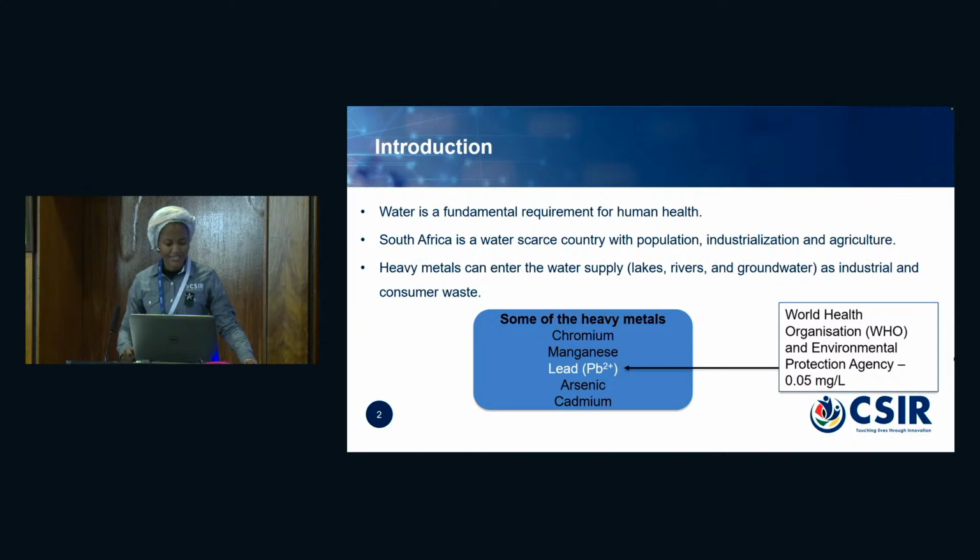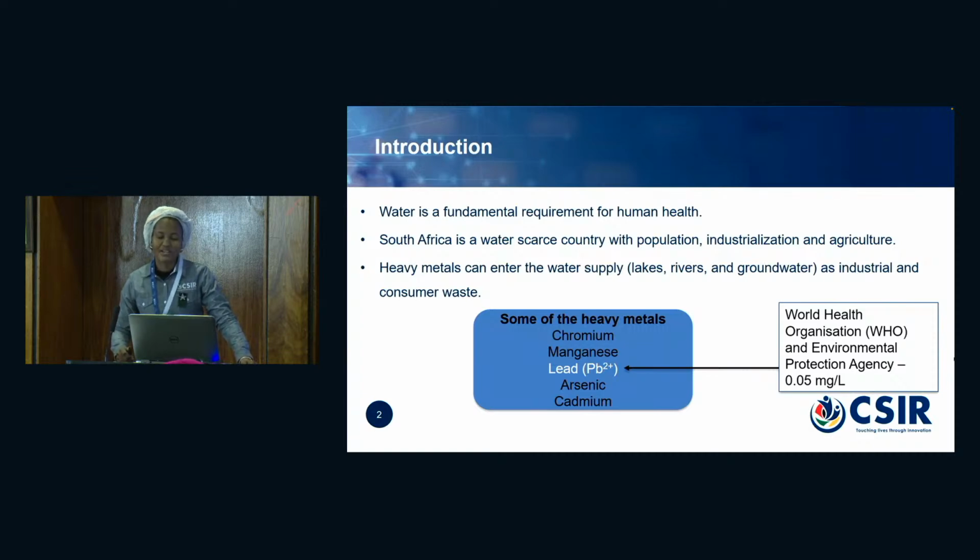Heavy metals can enter the water supply as industrial and consumer waste, or even from acid rain running down the soil and releasing some heavy metals into the lakes, rivers, and groundwater. Some of the heavy metals include chromium, manganese, lead, arsenic, and cadmium. Pertaining to harmful effects, lead stands out to be one of the highly toxic heavy metals.